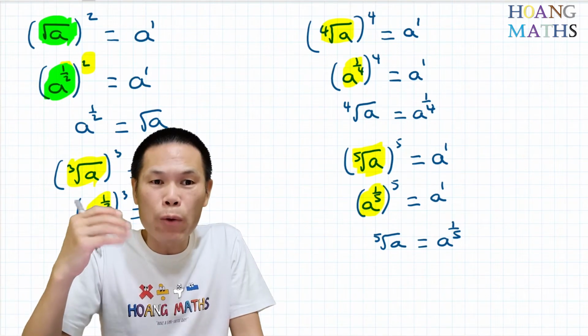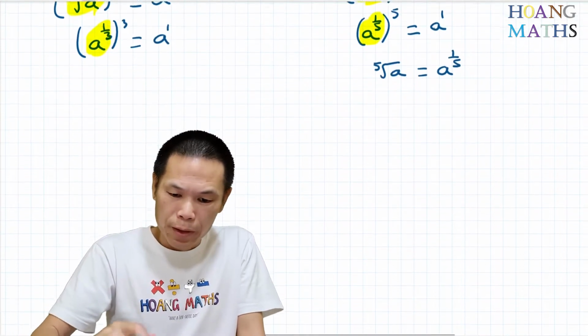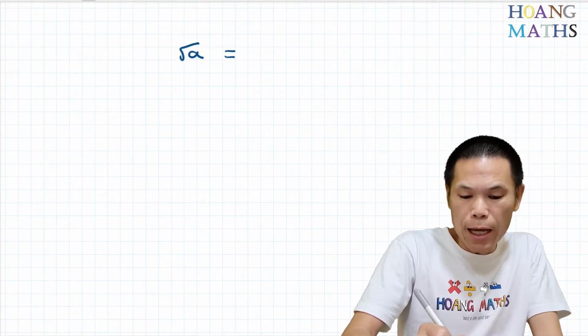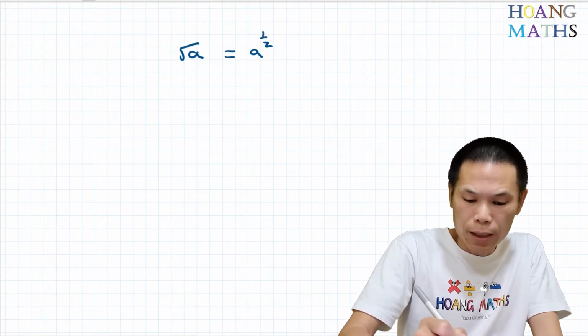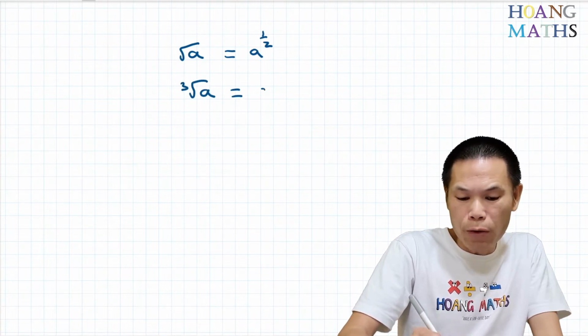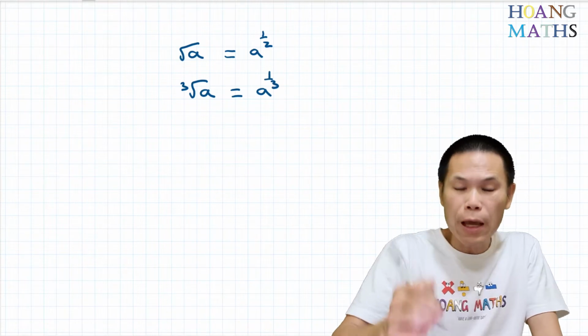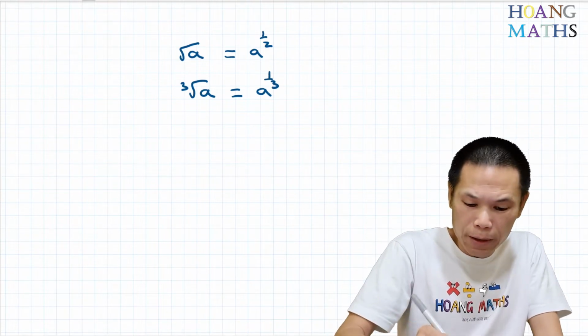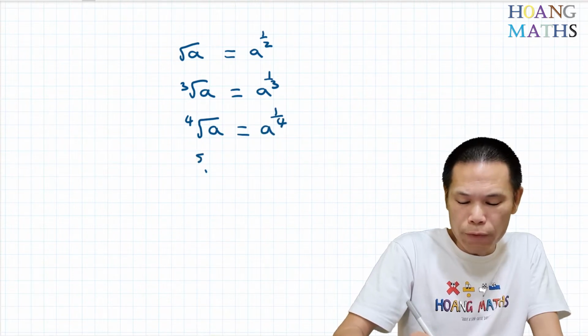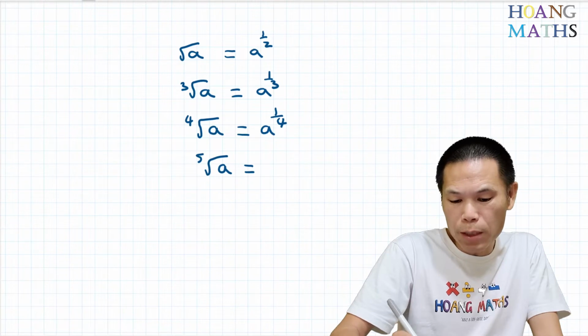So let's just write down what we know so far. The square root of x is x to the power of a half. The cube root of x is x to the power of a third. The fourth root of x is x to the power of 1/4. And the fifth root of x is x to the power of 1/5.